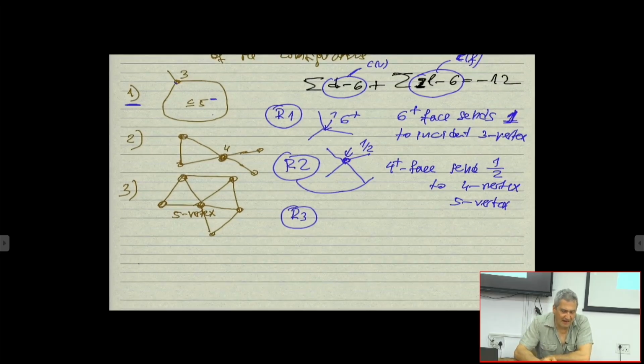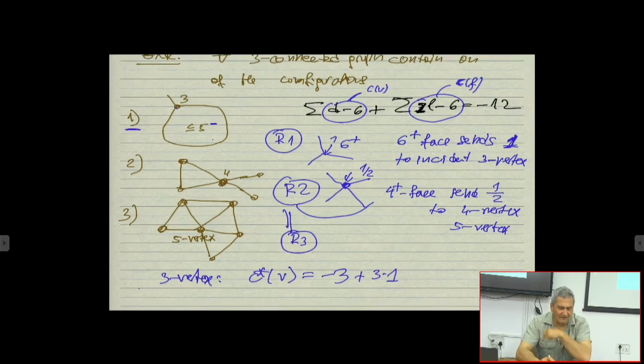Let's see what happened after we apply these rules. Final charge of a 3 vertex: at the beginning it was -3, but it gets by rule R1 3 times 1.